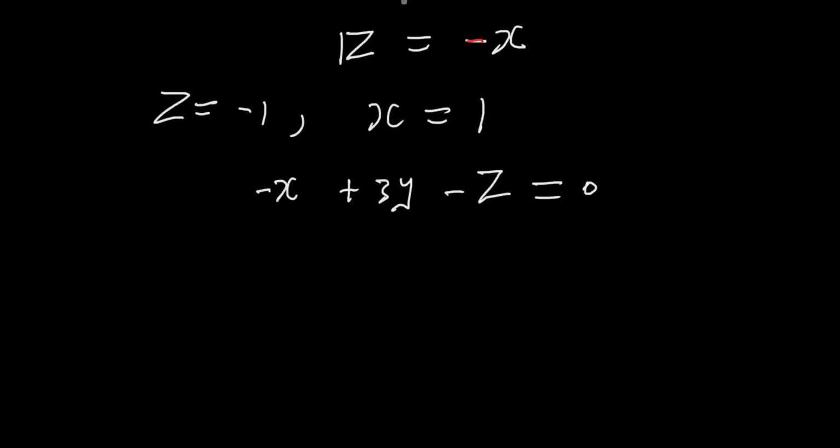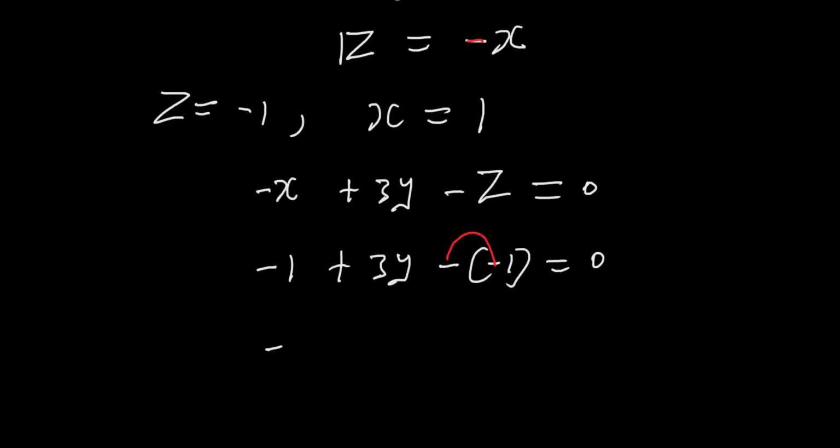Good. Now let's plug in the values of z and x into this. x is 1, so this will become negative 1 plus 3y. And z is negative 1, so minus negative 1 equals 0. Negative multiplied by this negative will become positive.